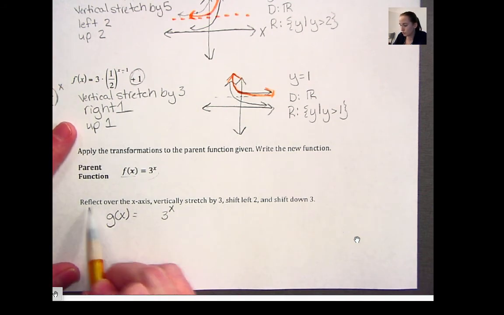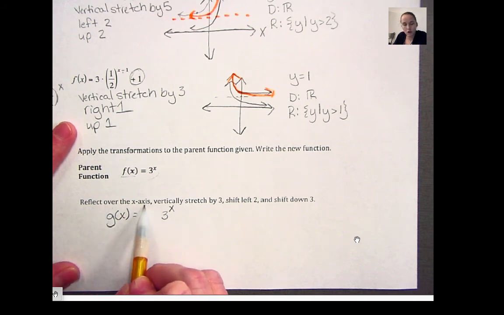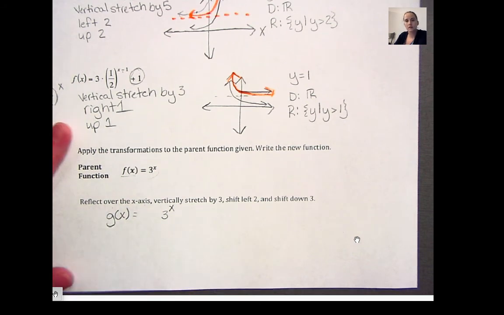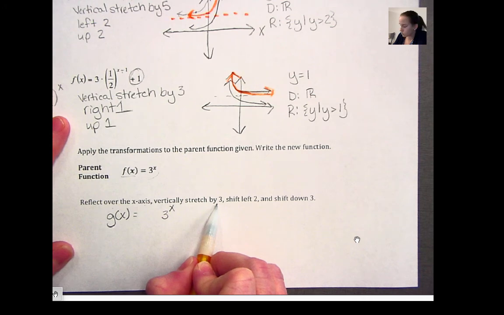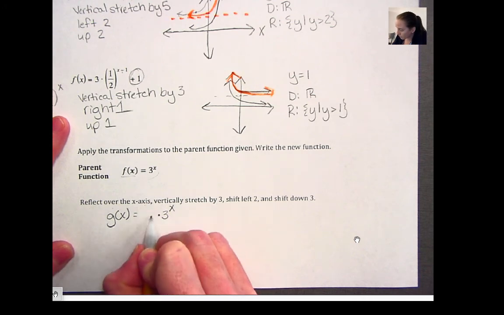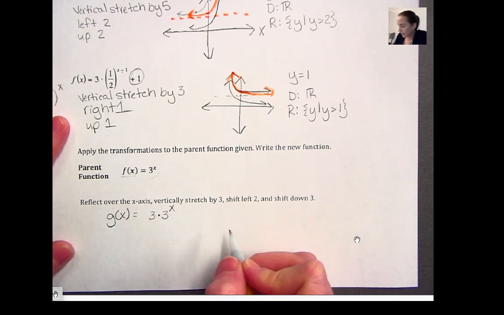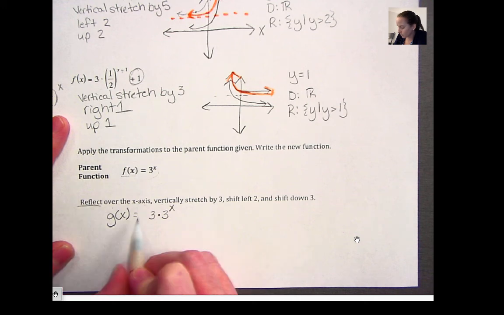Now we have to apply our other information. It wants you to reflect over the x-axis. Well, any reflections that are happening vertically are applied with the a value, okay? So any stretches or compressions. We have a vertical stretch here by 3. So I'm going to multiply this by a 3 for my vertical stretch, and for reflecting, I'm going to make it negative.